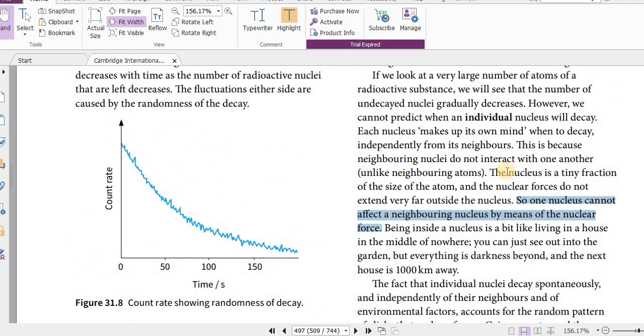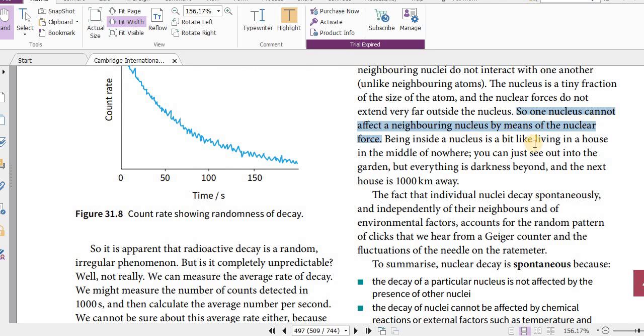So we don't know which nucleus will decay. Being inside the nucleus is a bit more like living in a house in the middle of nowhere. You can just see out into the garden, but everything is darkness beyond, and the next house is 1000 kilometers away. So think like you are a nucleus, you're in a house, and the next house is 1000 kilometers away, so you don't have any kind of influence on the other house.